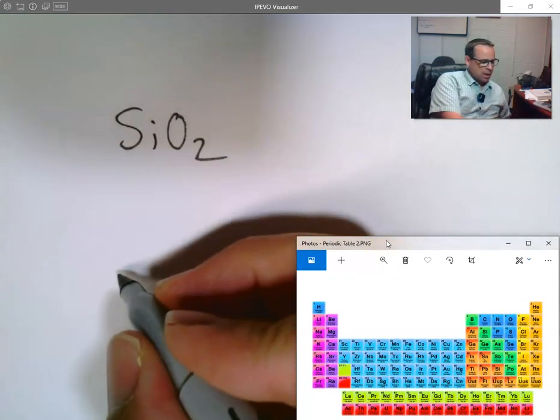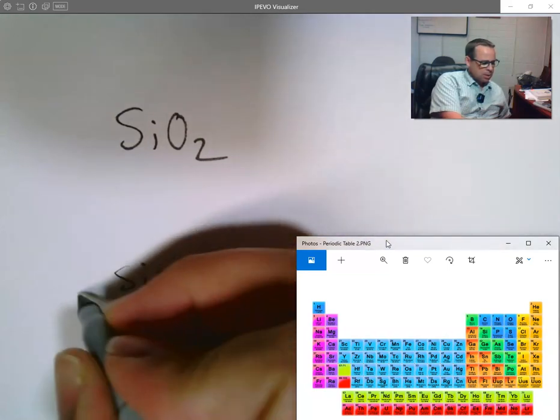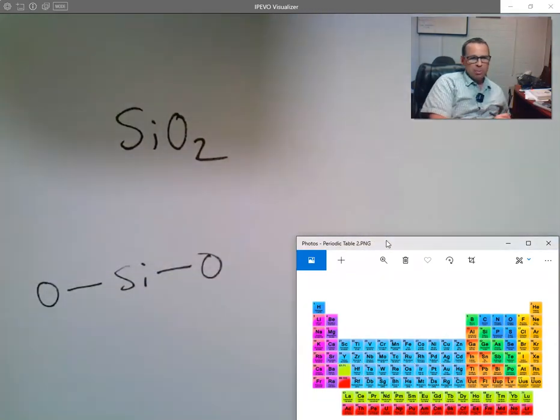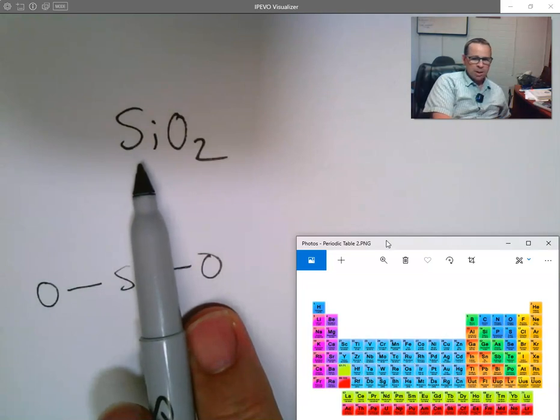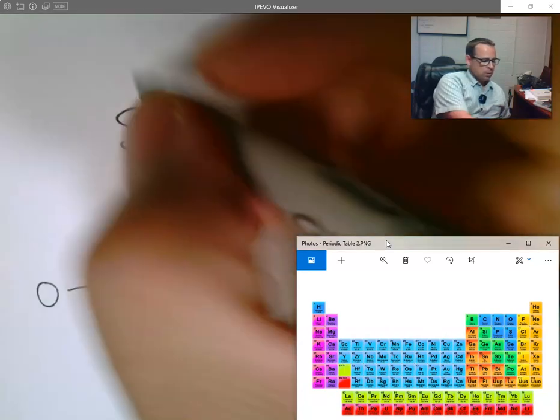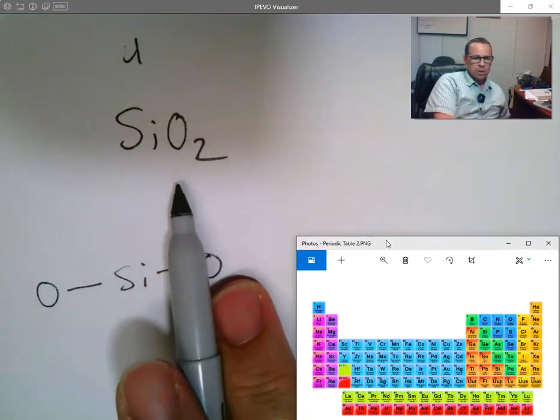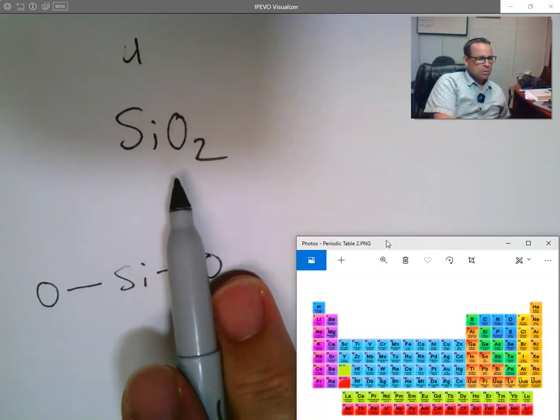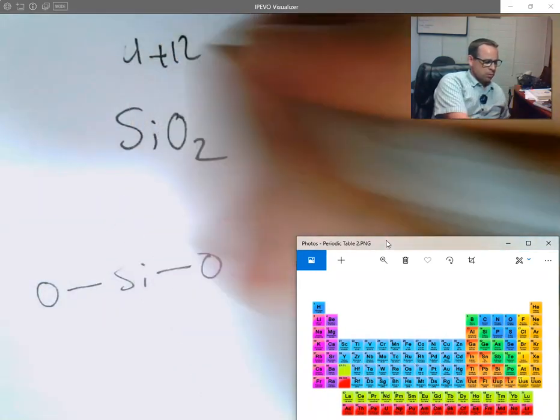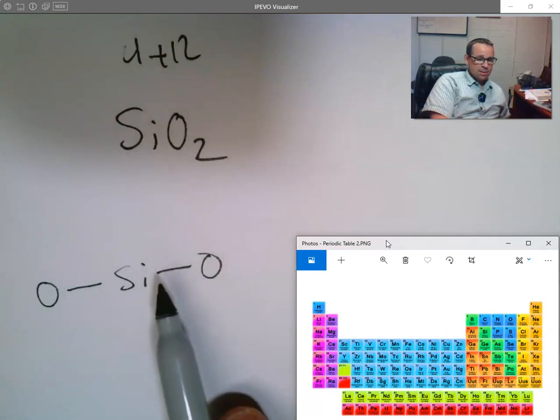All right, and silicon looks like it's in the middle. Oxygen's here. How many electrons? Silicon brings how many, Landon? 4. Oxygens, each oxygen brings 6. So a total of 12 there. So 16 altogether.